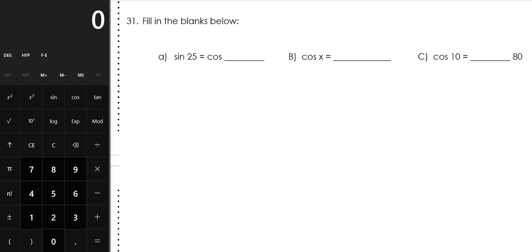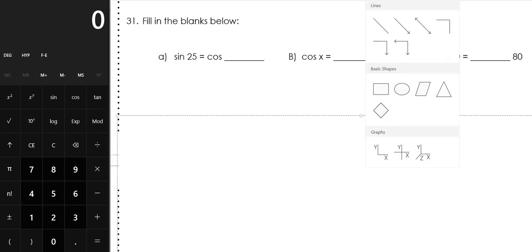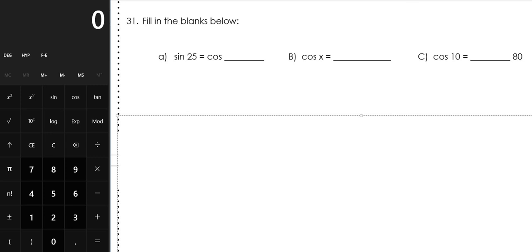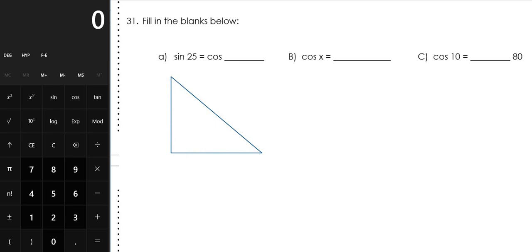So I'm going to draw a fancy little right triangle here. Okay, so here's my fancy little right triangle. Now, what I want to talk to you about is if you have a right triangle, and we'll call this triangle A, B, C. A and B are always going to equal 90 degrees.